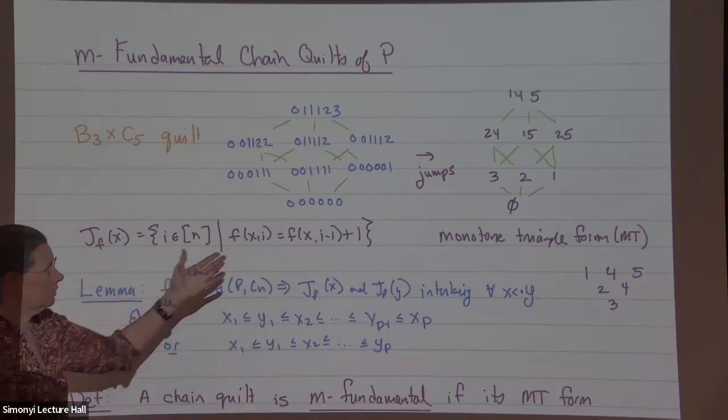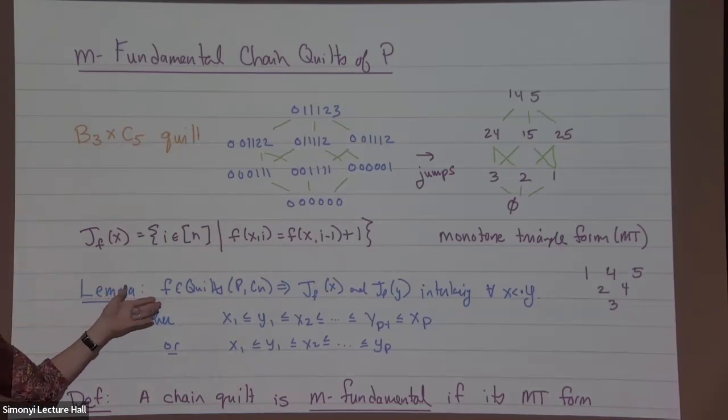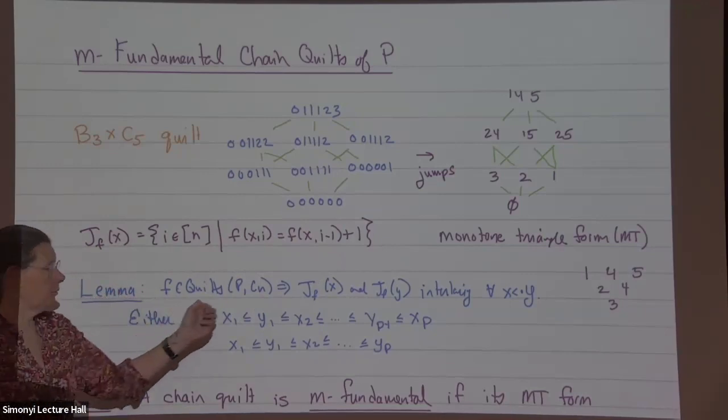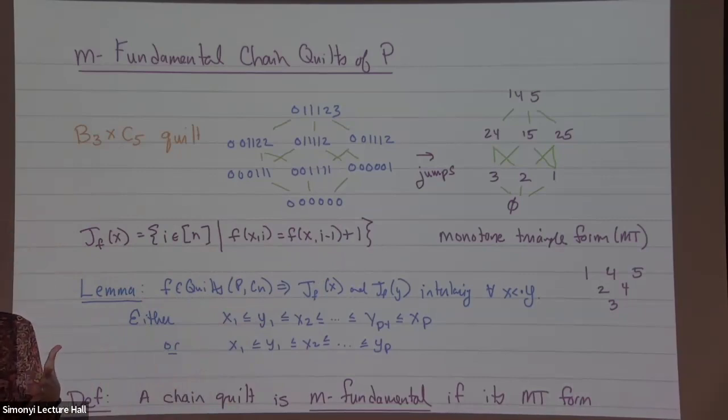And so we'll call this the monotone triangle form because back in alternating sign matrix land, there is an analogous picture called monotone triangles. And that's what we're doing here. And a little lemma that you have to check is that every time you have one of these chain quilts, if you have x covered by y, how do their jump sets compare? Well, they have to be interlacing because of this alternating sign matrix property.